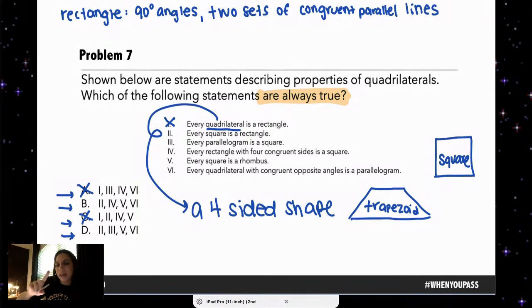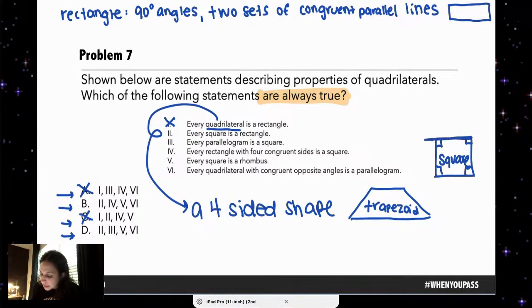So what you and I think of when we think of a rectangle is this. Right? That's what we think of when we think of a rectangle. But does a square qualify under those terms? Yes. A square has 90-degree angles, and a square has 2 sets of congruent parallel lines.